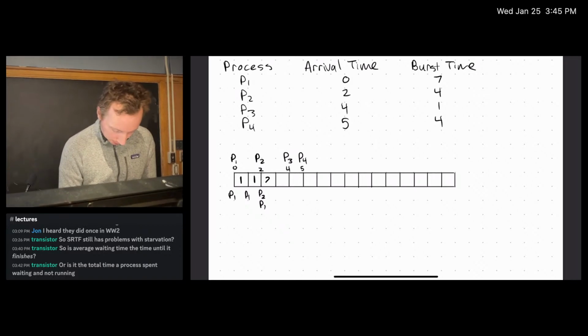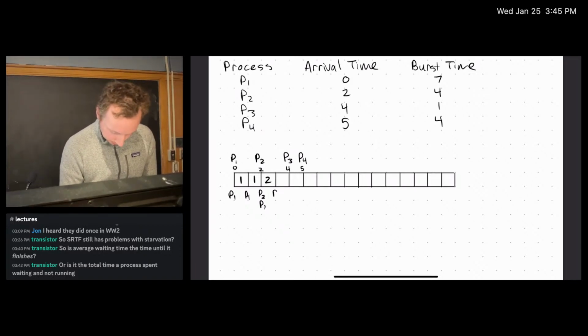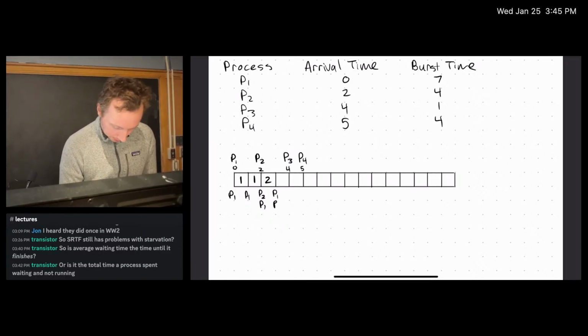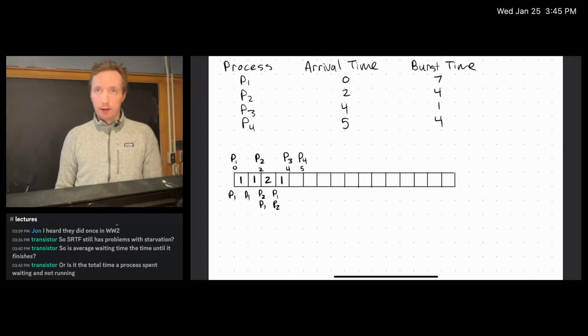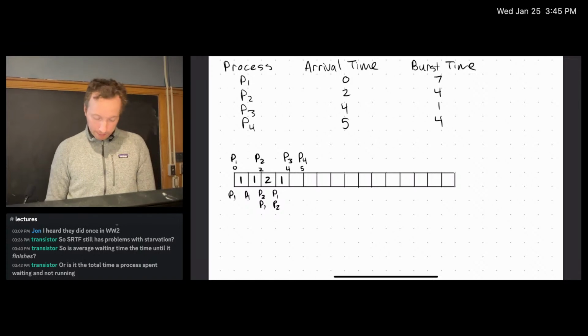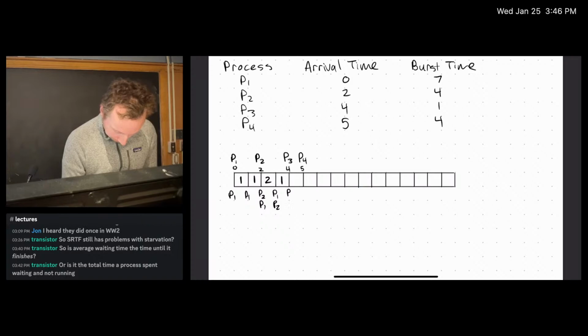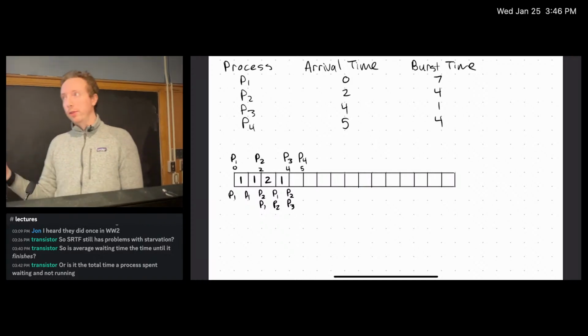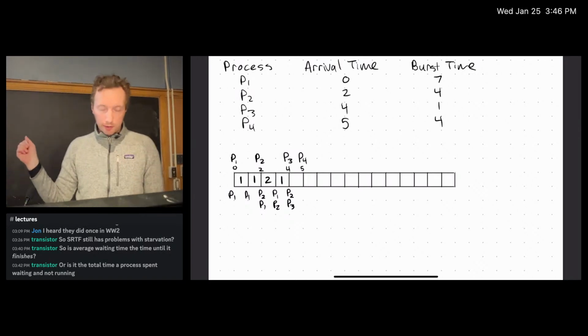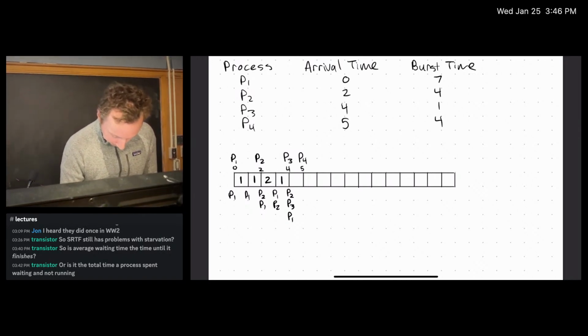Then we would execute process 2. Our queue would look like P1, P2. There's nothing new. Then we would execute 1. Now at time 4, we get a new friend, so it would be P2, P3. And the one that just ran always goes to the extreme back of the line, so we'd get P1.